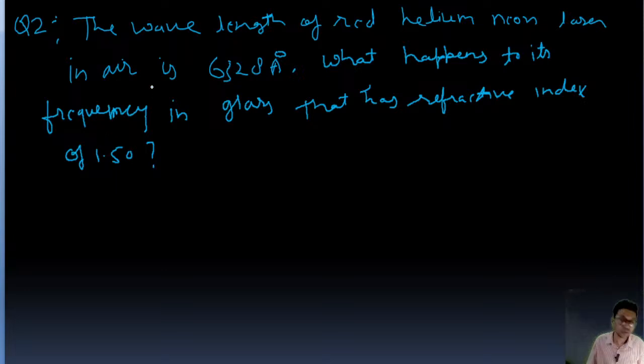So the wavelength of red helium neon laser in air is this. Okay, what happens to its frequency in glass that has refractive index 1.50?